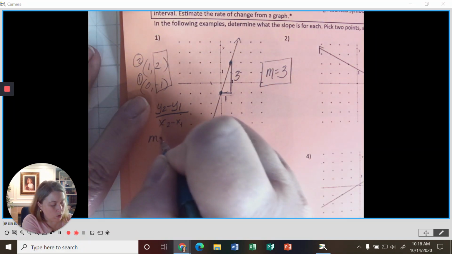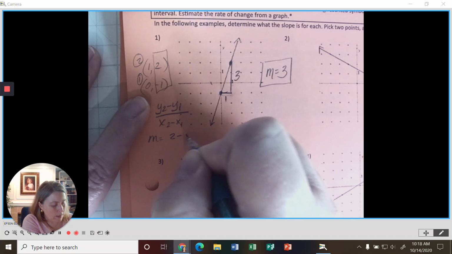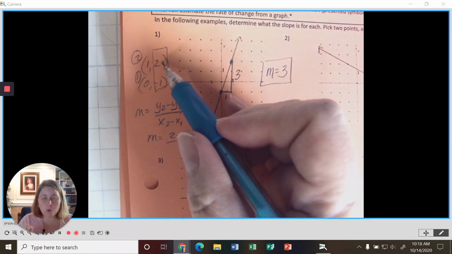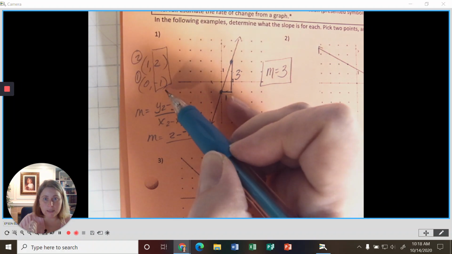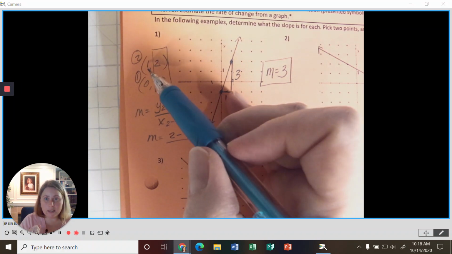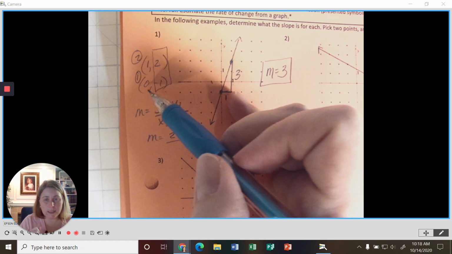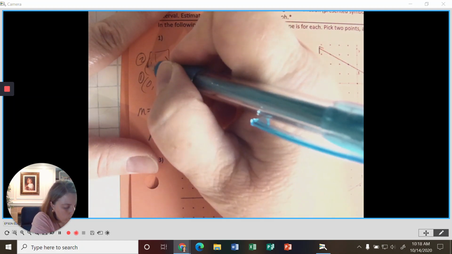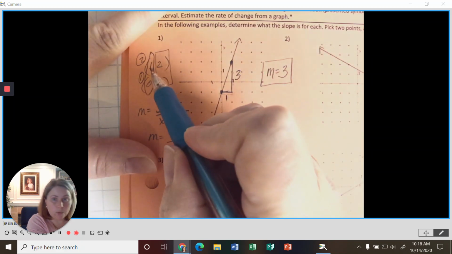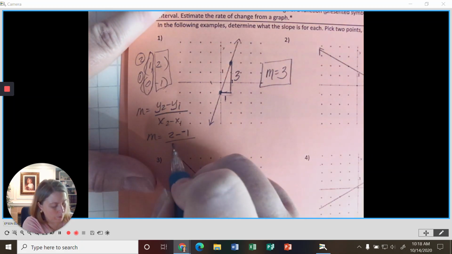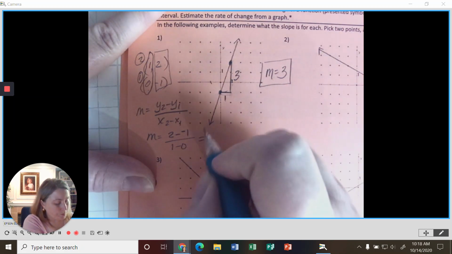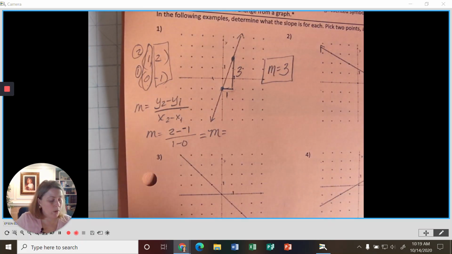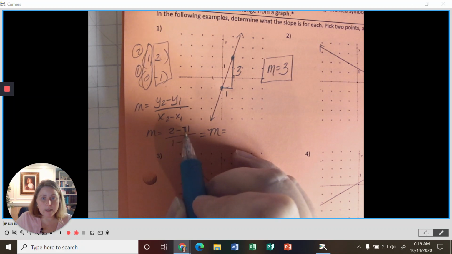So m is equal to 2 minus -1 over, and I have to go in that same corresponding order. I did this point minus that point for the y values, so I have to go in that same order for the x values. This point minus that point: x sub 2 minus x sub 1. So this will be 1 minus 0. Then when I simplify those, m is equal to 2 minus negative 1.